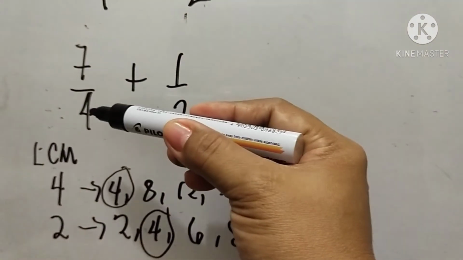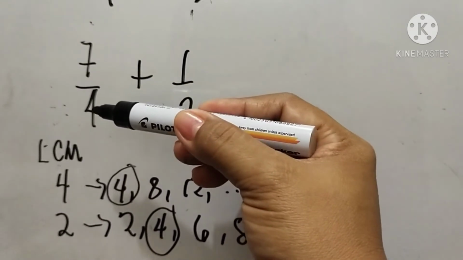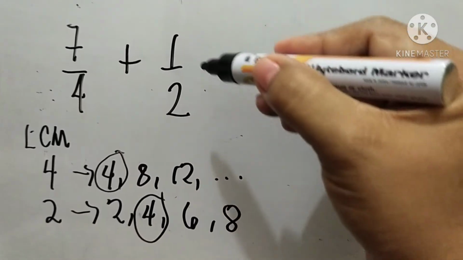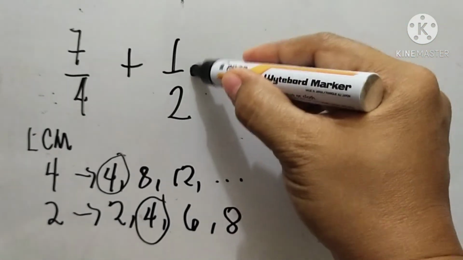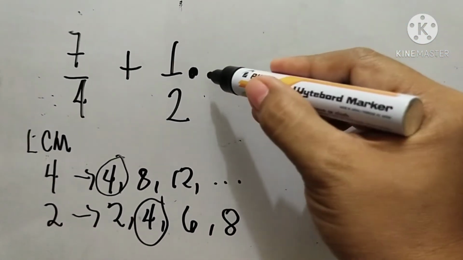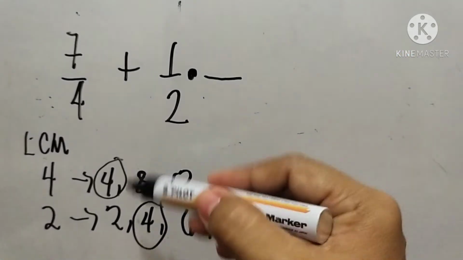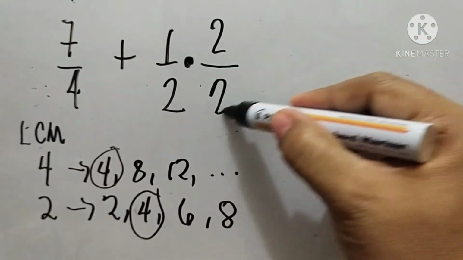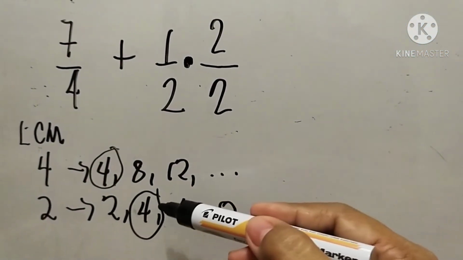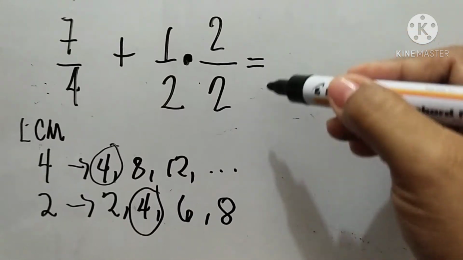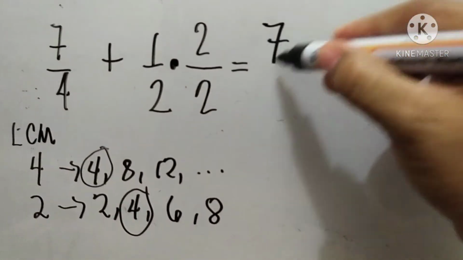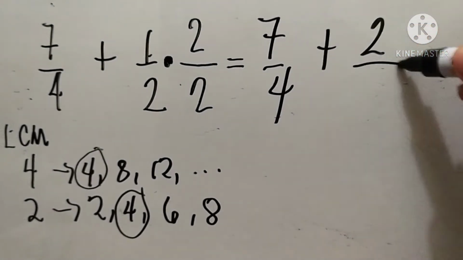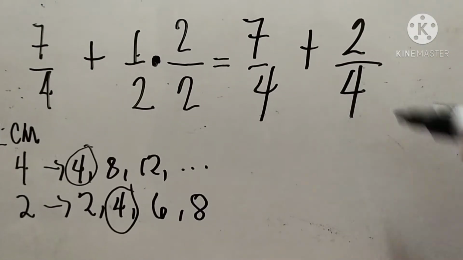Since this is already 4, we will not multiply another number there. Since the denominator is 2, we will make it into 4. So how will you make it into 4? You have to multiply it by 2. So we rewrite the 7 over 4 here. Then 1 times 2 is 2, 2 times 2 is 4.